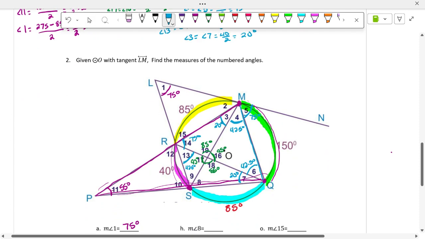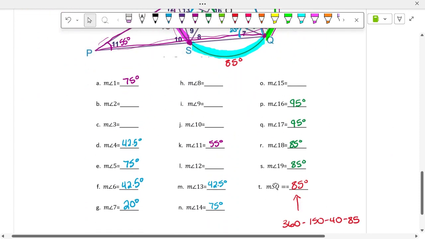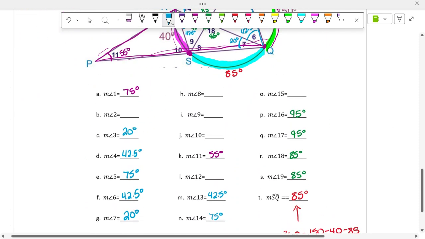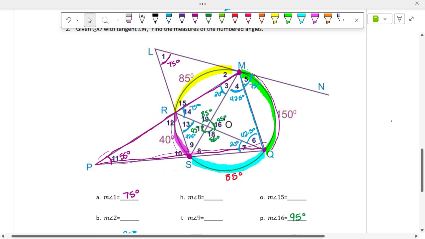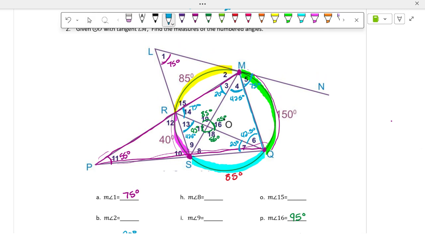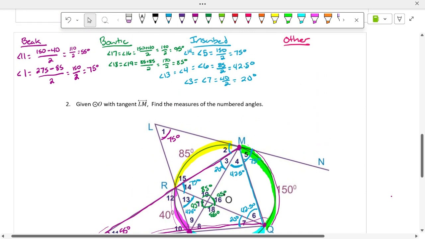So it'll be 20 degrees. Still got a couple more. What's another one, Davis? 2 is. It is with the tangent line. What's the arc that it intercepts? It does. So it'd be the same thing as 13, 4, and 6. So it'd be 42.5.